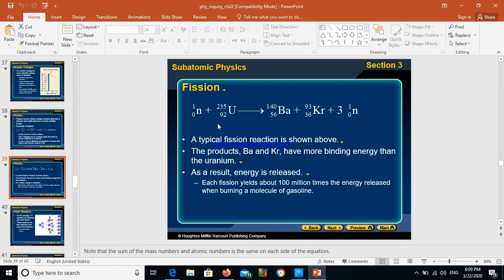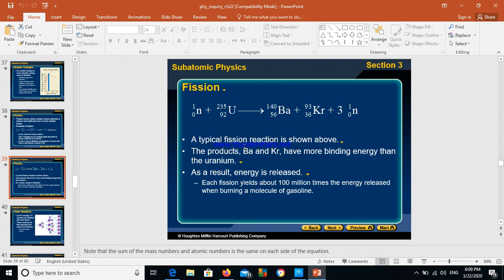When you bombard uranium with a neutron, it produces barium-140 with atomic number 56, krypton-93 with atomic number 36, and 3 neutrons. All of these are produced from uranium when it is bombarded by a neutron in fission.